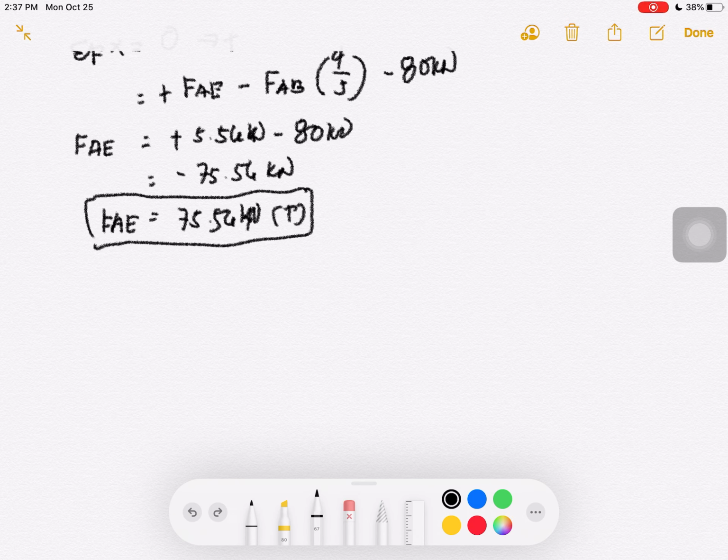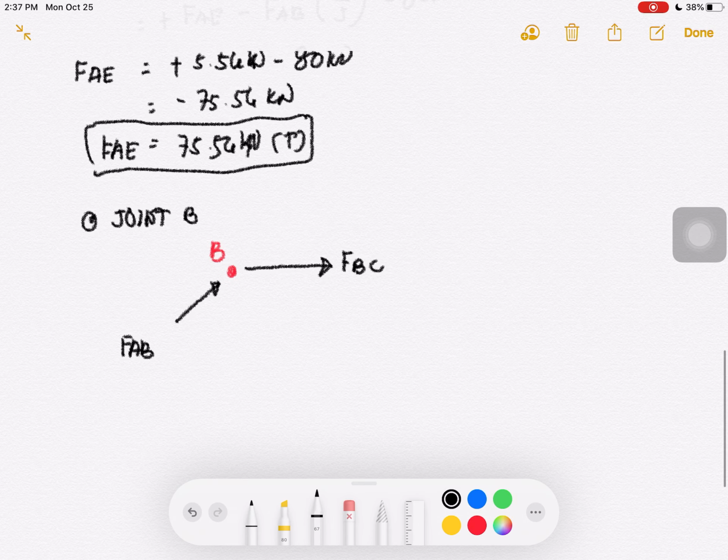Next is joint B. So at joint B, you have here point B, assumed force of FBC, and your force FAB, and you have the assumed force of FBE.